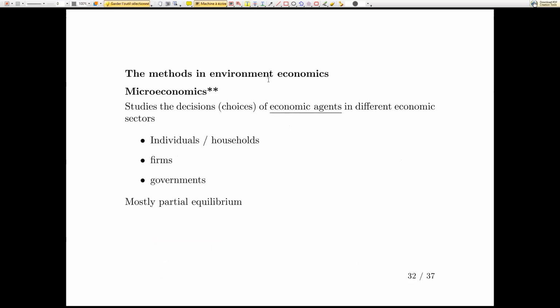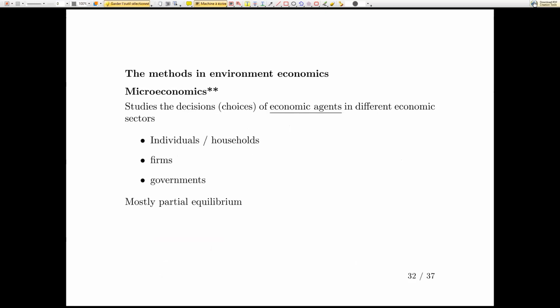Methods of environmental economics. So mostly microeconomics. That's what we are going to do mostly this semester. It has to do with studying the decisions of agents, consumers, and producers in specific markets.